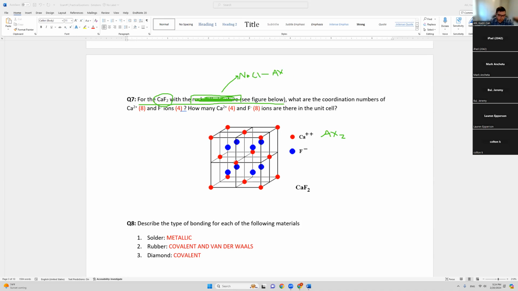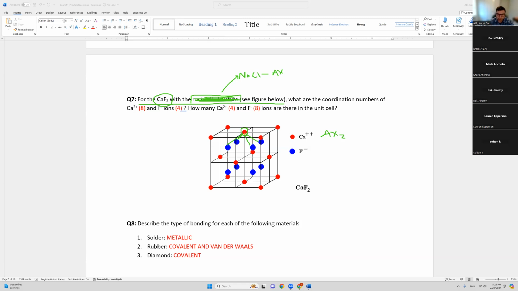What are the coordination numbers of calcium and fluorine ions? The coordination number of calcium ions is, if you look at this atom here, which is the calcium ion, it's in contact with these 4 blue atoms, okay? Now, this might be hard to see, but you need to learn the hard sphere model. This face-centered calcium cation here is in contact with these 4 atoms at the bottom layer.